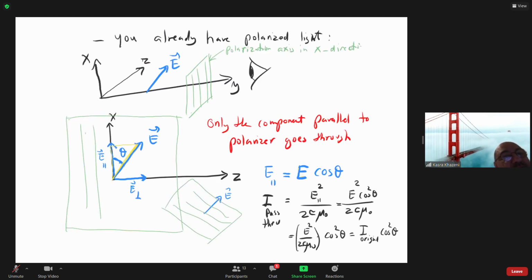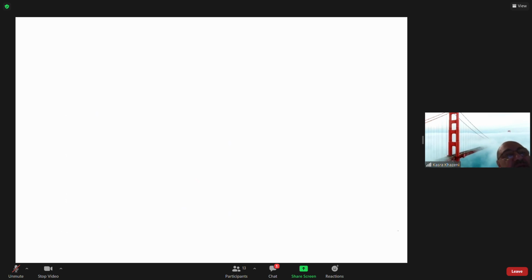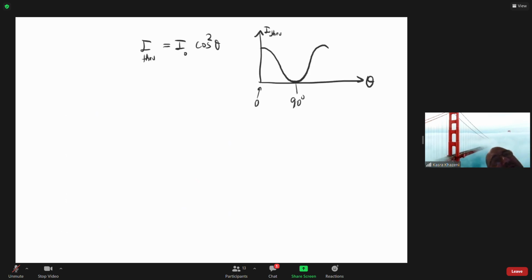This is true when you already have polarized light coming in. You put a polarizer in front of it, and then you can rotate the polarizer and get between 0 and the maximum value of the intensity, depending on what the angle of that polarizer is with respect to the orientation of the electric field in the incoming polarized light. That's what a polarizer does when you already have polarized light.